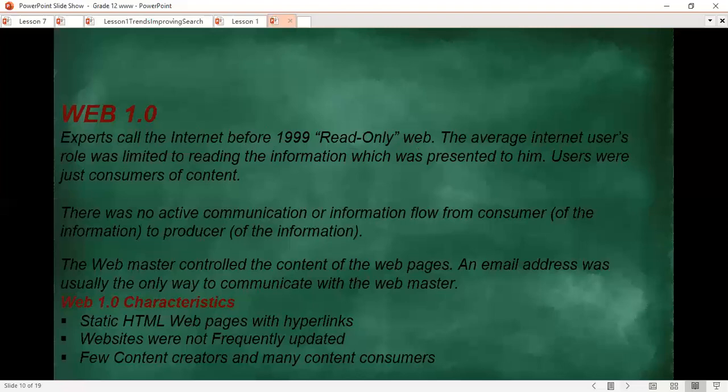But in the past, the internet was only read-only. If you were a consumer or a user, you could not write or do anything. All you had to do was read the information that you were given on that particular website.